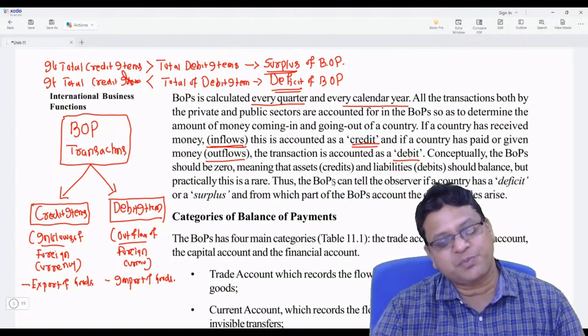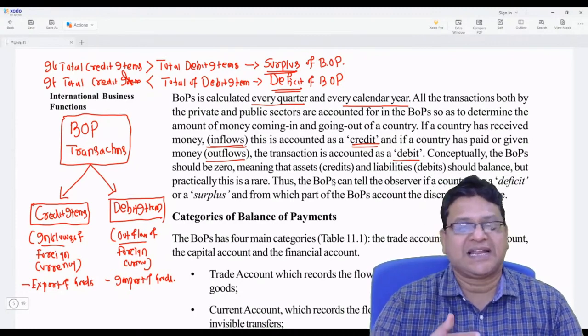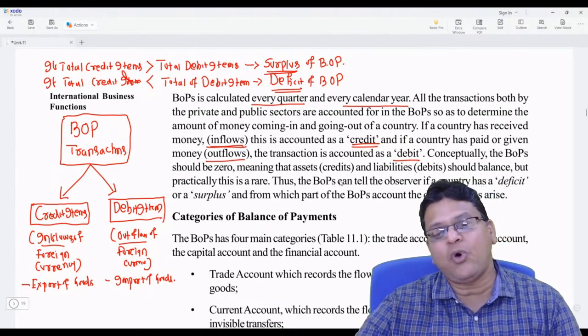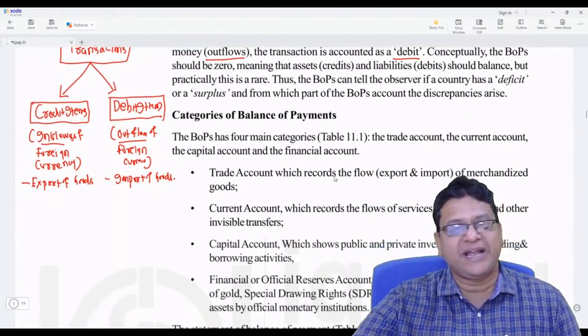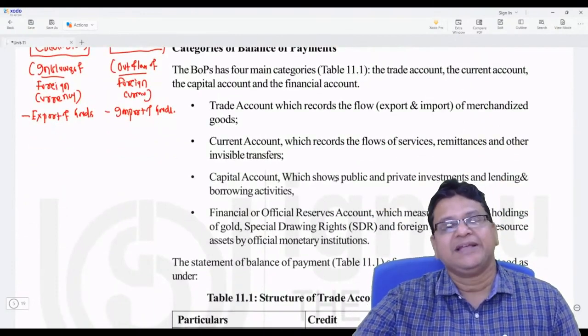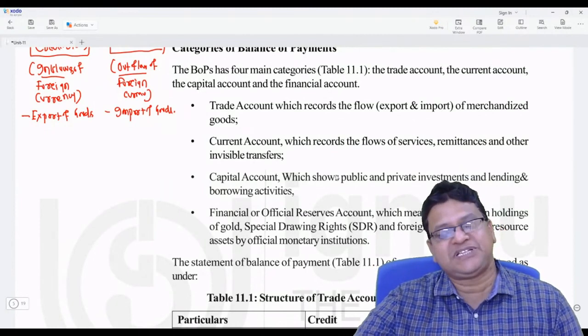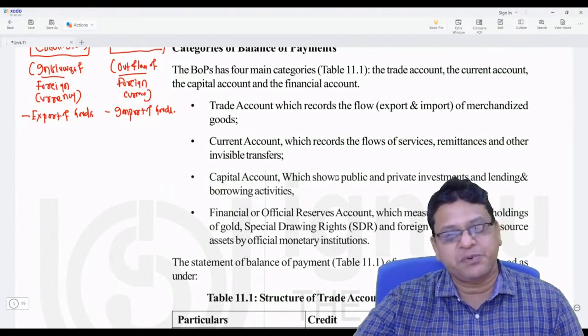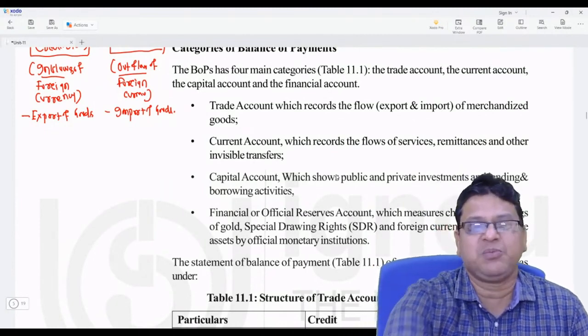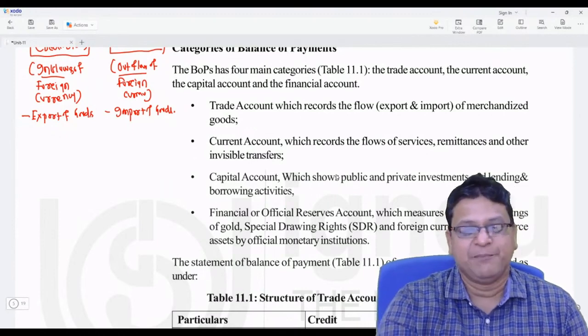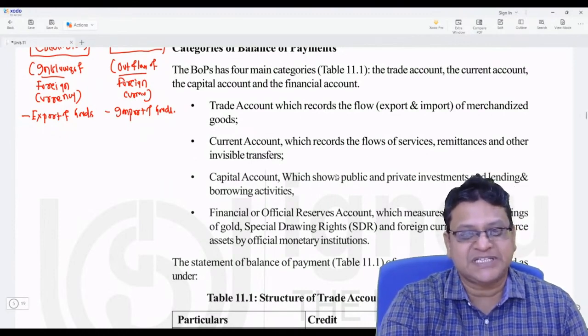The BOP surplus or deficits are categorized under 4 headings. Under these 4 headings, we classify the inflows and outflows. In each of these headings, there can be surplus or deficit. What are the 4 headings in which the BOP statement is divided?